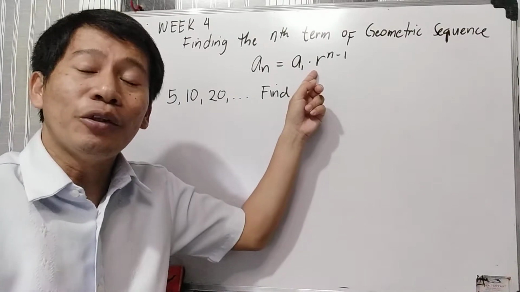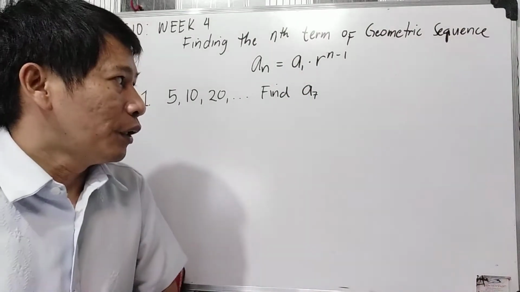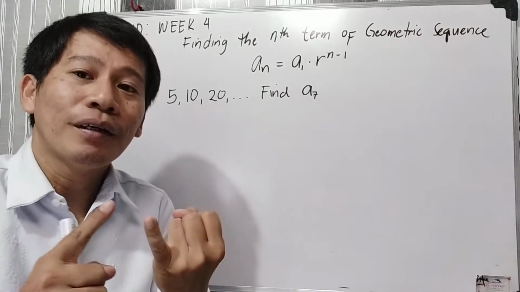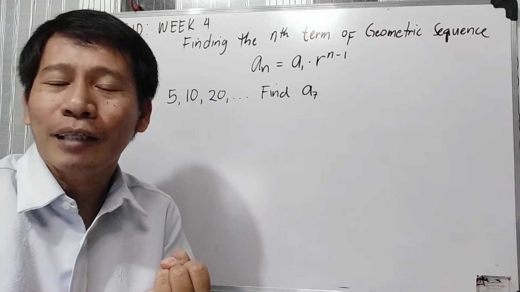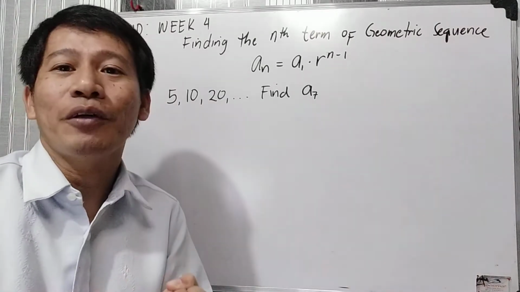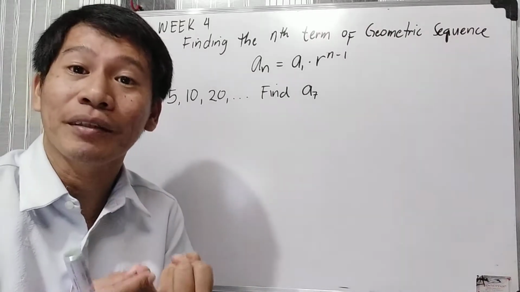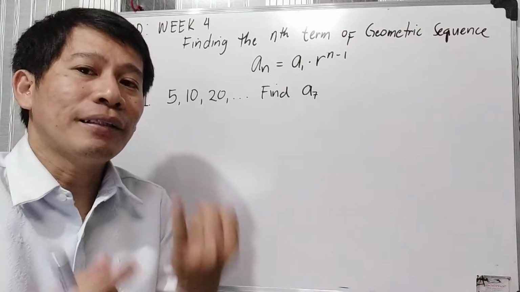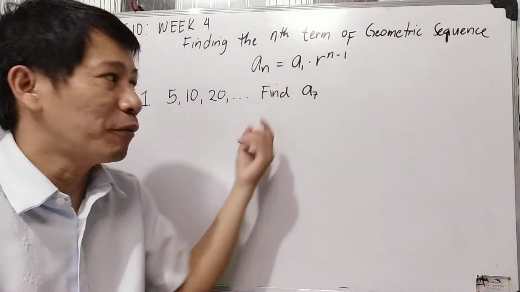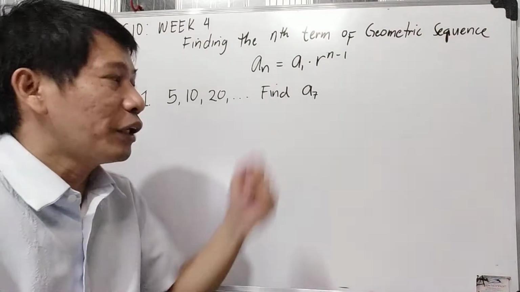You know that r is the common ratio. So in order for us to make use of this formula, we first need the number of terms, and we can see that from which term is being asked for. If you're looking for the 20th term, then the number of terms is 20, so n is 20. Another is we need the first term, the first term in our geometric sequence. And lastly, we need the common ratio.